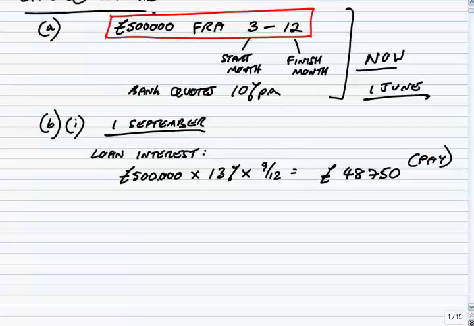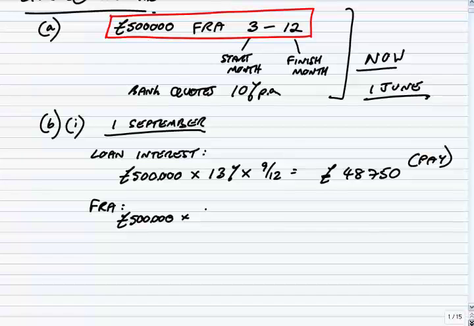However, the bank had promised us, we'd agreed a fixed rate of 10%. And so, separately, the bank then gives us back the difference. The FRA comes into play, and they'll say, okay, you've got an FRA on $500,000. So far, we're charging you 13%, but we'd agreed a fixed rate of 10%.